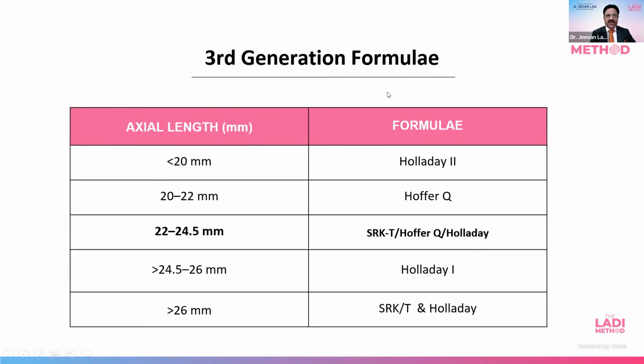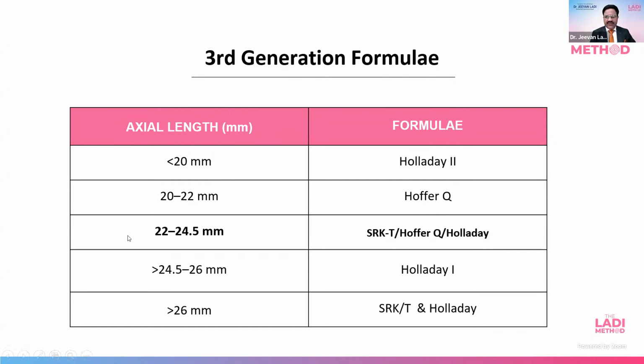Let's see the third generation formulae. Everybody today is using third generation or modern formulas. So Holladay 2, Hoffer Q, SRK/T, Holladay 1. But if you see, all of them are good in a particular axial length. Like say, Holladay 2 is very good below 20 millimeter of axial length, Hoffer Q good between 20 to 22.